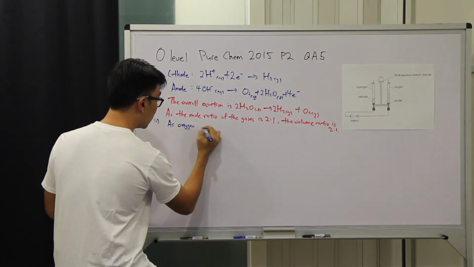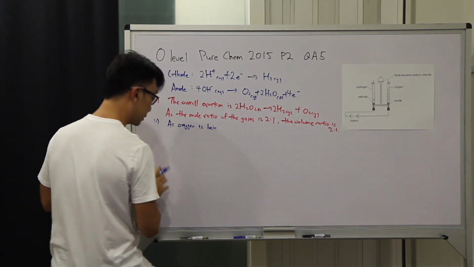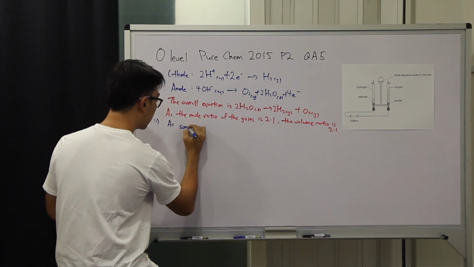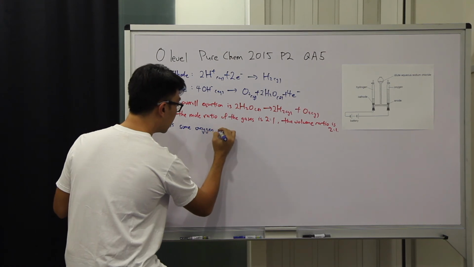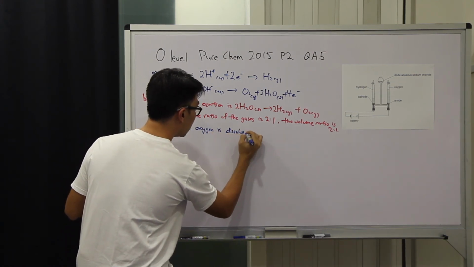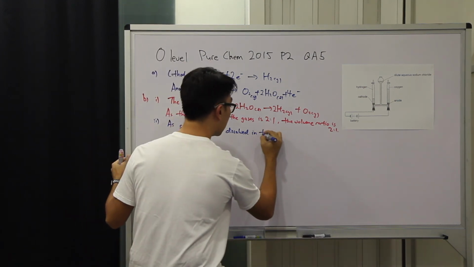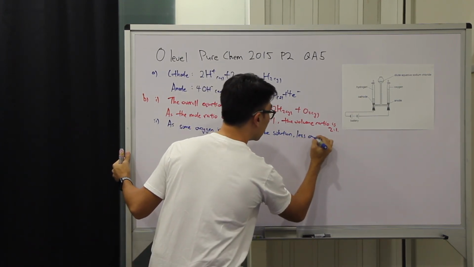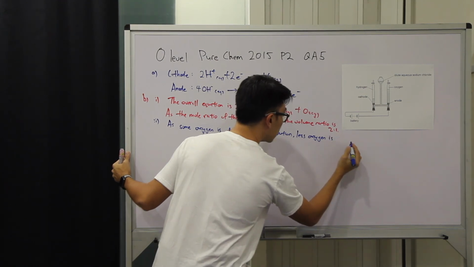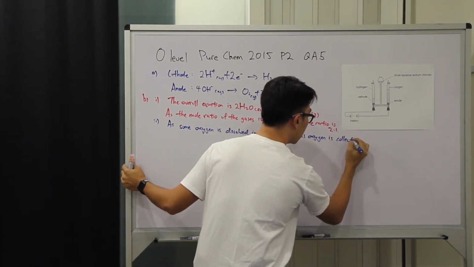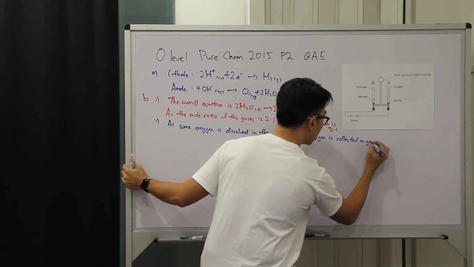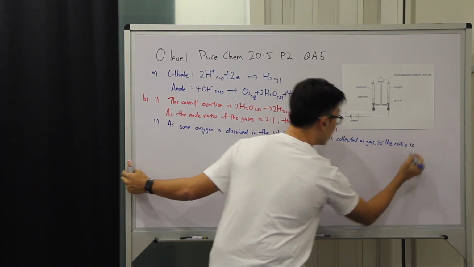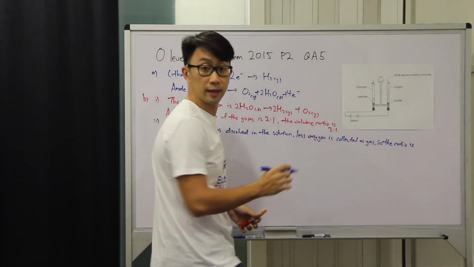As some oxygen is dissolved in the solution, less oxygen is collected as gas, so the ratio is affected.